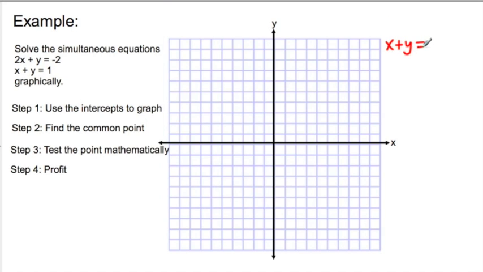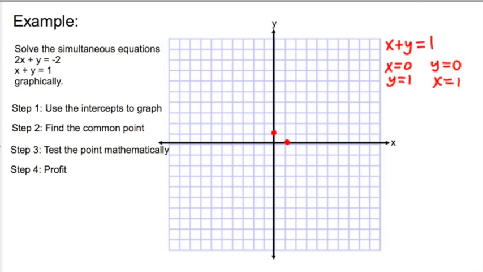I'm going to graph this using the x and y intercepts. How can I do that? Well, set x to 0. If x equals 0, y equals 1. So I know my first point is about right there. Now I'm going to set y equal to 0. Well, if y equals 0, then I have x plus 0 equals 1, so x equals 1. So then I have my next point here.